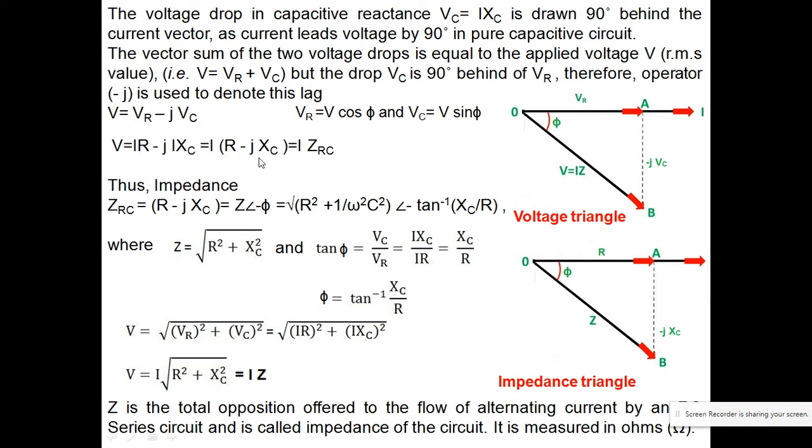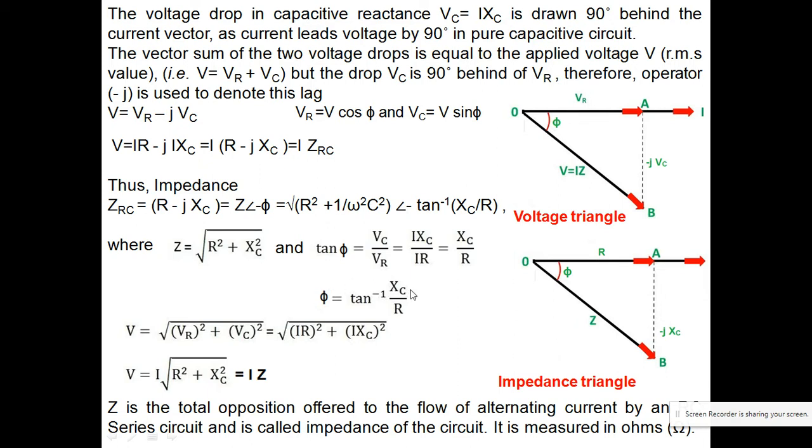The total voltage, in terms of resistance and reactance, gives the impedance. You can calculate the impedance Z, which is the square root of R squared plus 1 upon omega squared C squared, and this is the angle. From this you can easily see VC upon VR, putting in the values, which gives the angle.